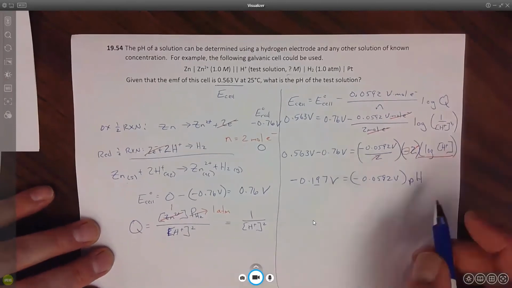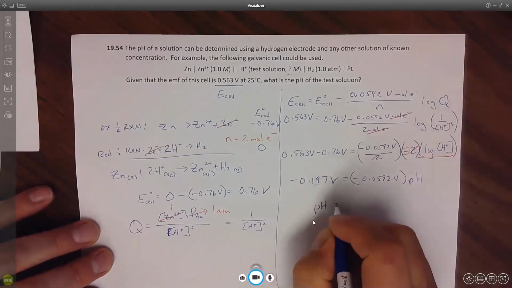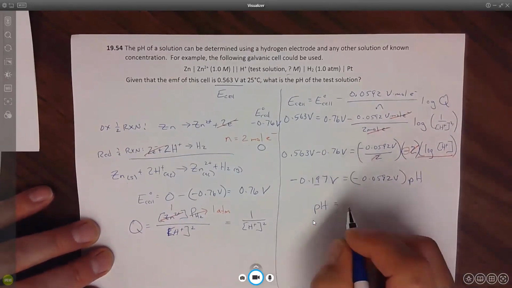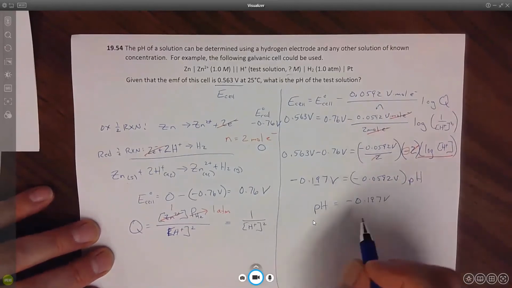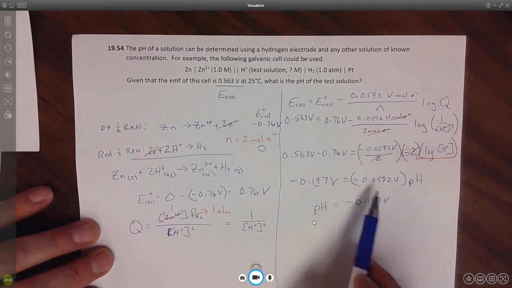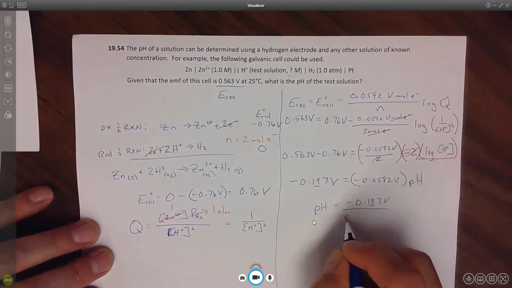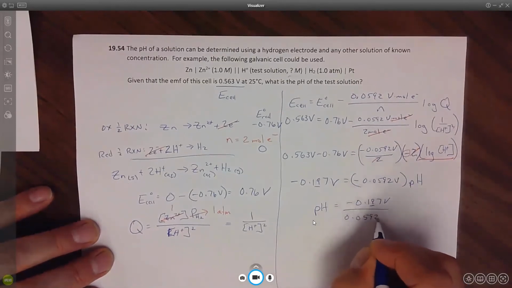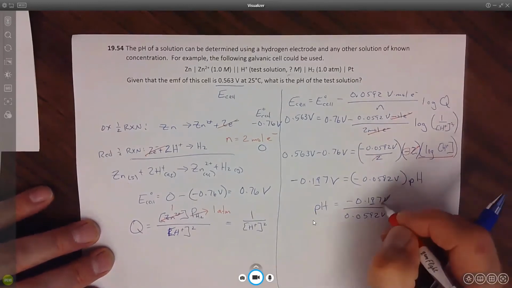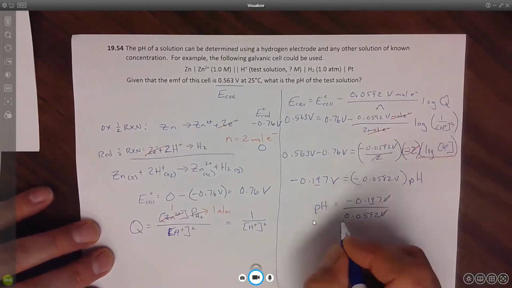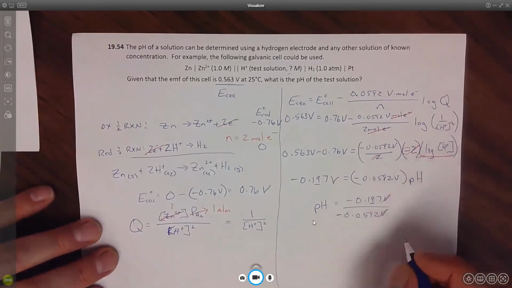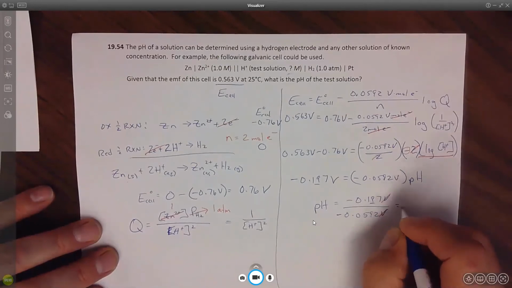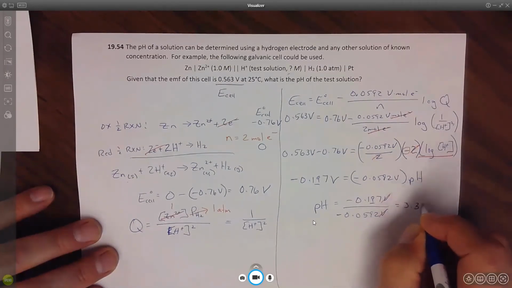Okay, now the pH is equal to negative 0.197 volts, and I'm going to divide both sides by this constant, 0.0592 volts. The volts cancel. It's negative too. There's the negative. And then this comes out to be 6.55. No, I'm sorry. This comes out to be 3.327.